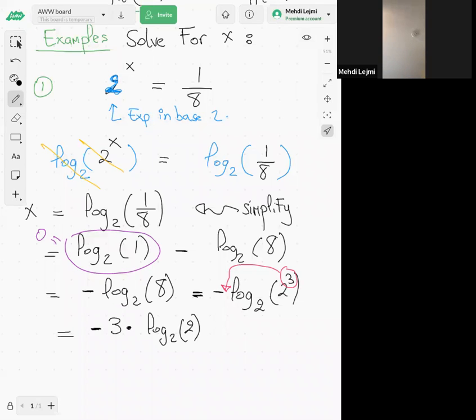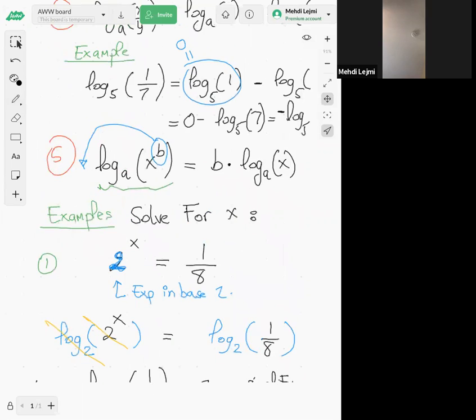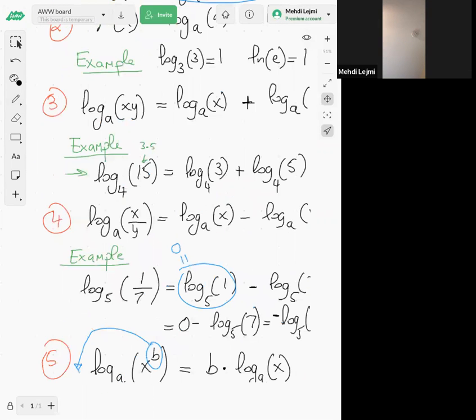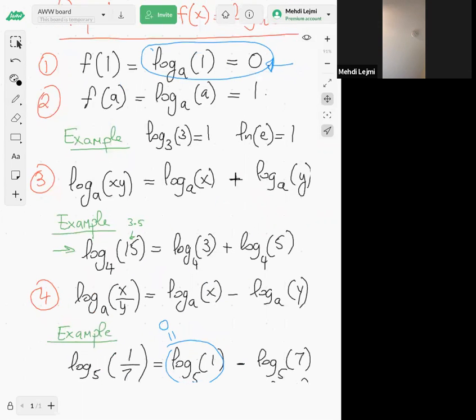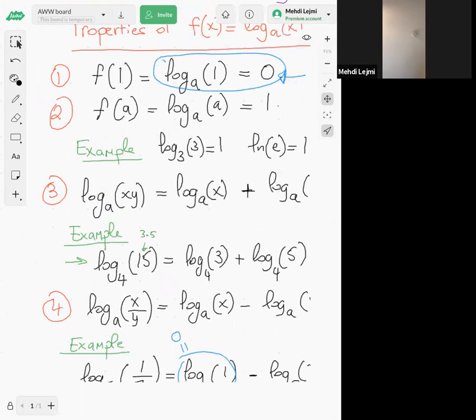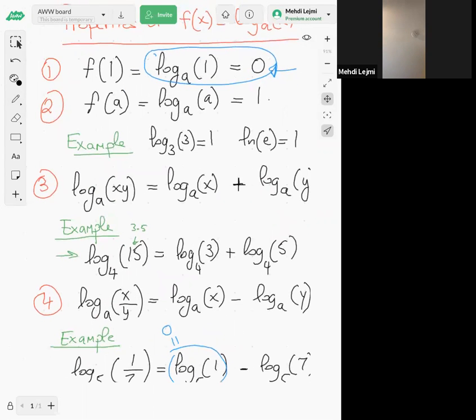But then log in base a of a is equal to 1, right? We said, remember, that's the second property: log of a in base a is 1.